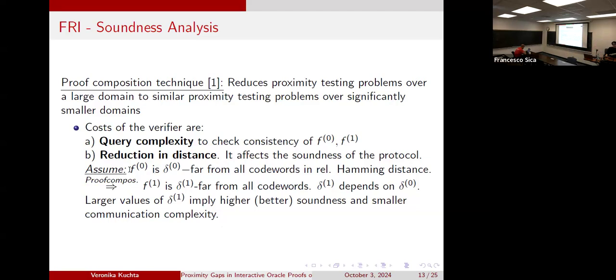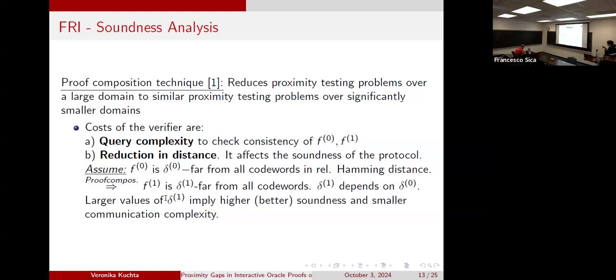Here, if you assume that F0 was delta 0 far from all code words initially in the relative Hamming distance, then F1 is delta 1 far from all code words. So delta 1 depends on delta 0. And larger values of delta 1 imply higher, better soundness and smaller communication complexity.